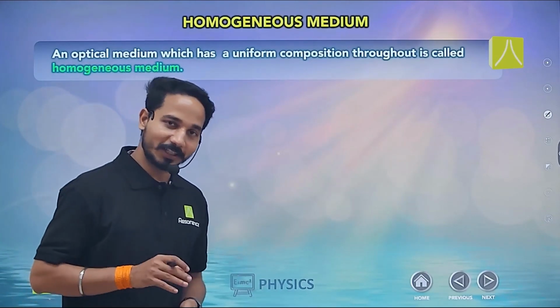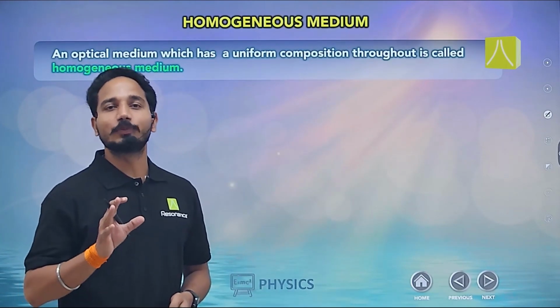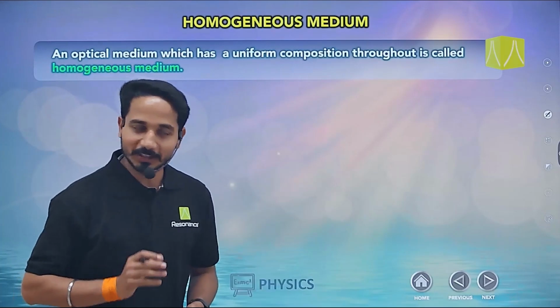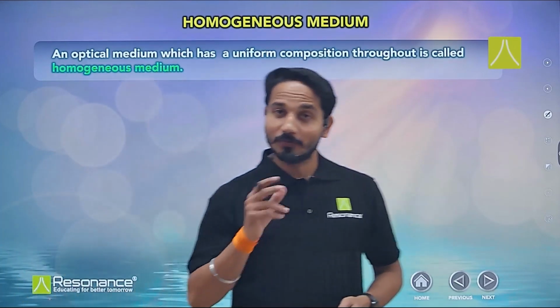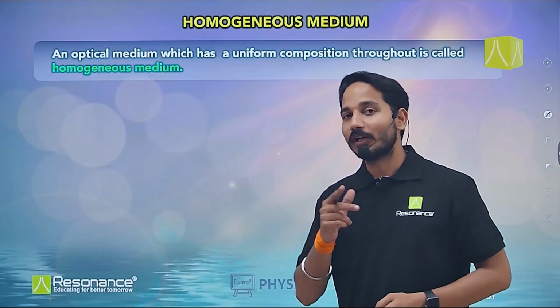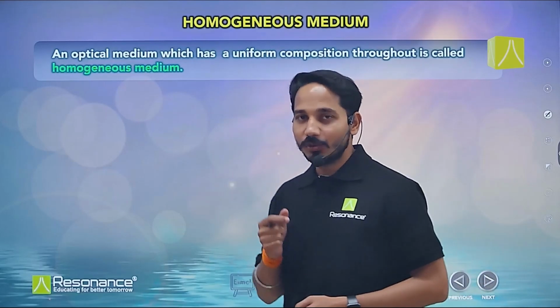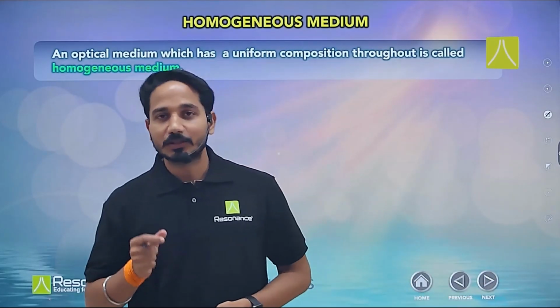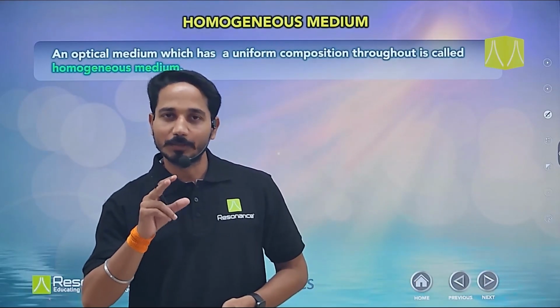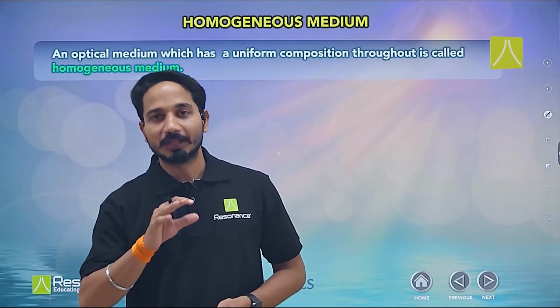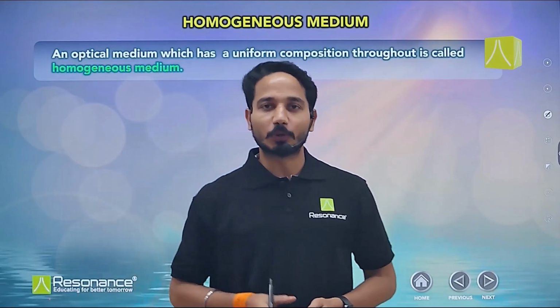Any optical medium which has a uniform composition throughout is called a homogeneous medium. Now, when we say uniform composition, what does that mean? Uniform composition means the constituent particles of the medium are the same at any point.